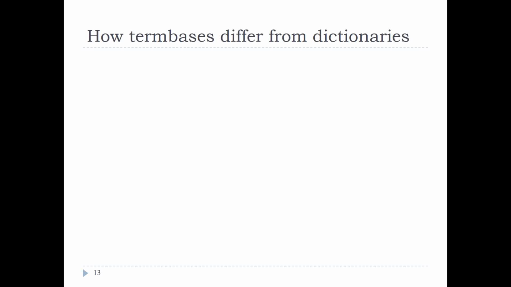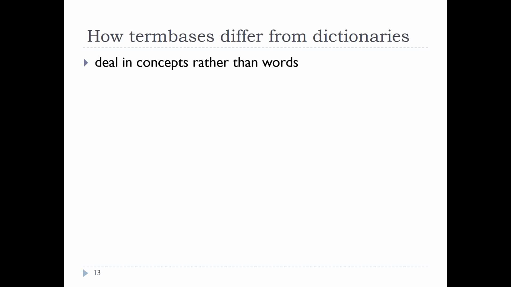Okay then, so we've looked at some examples of each, term bases and dictionaries. Let's try to sum up some of the differences that exist between the two. So a term base will deal in concepts rather than words.